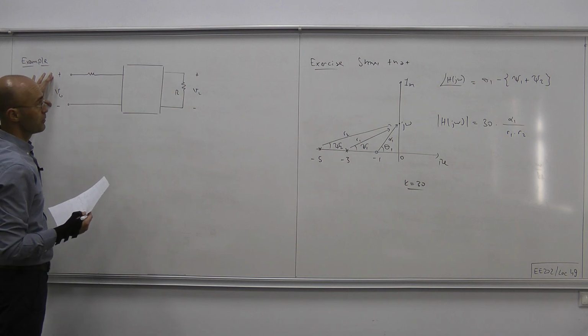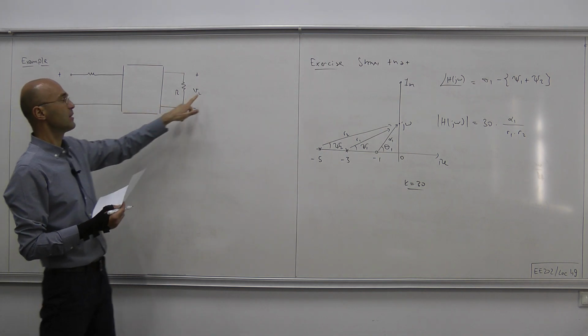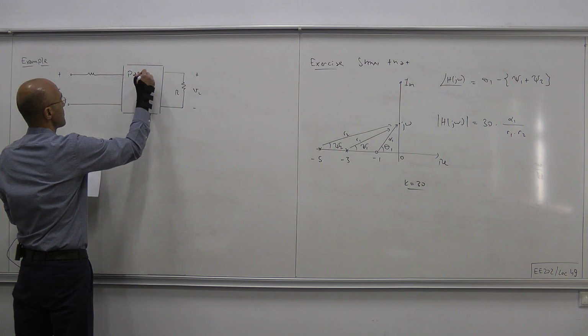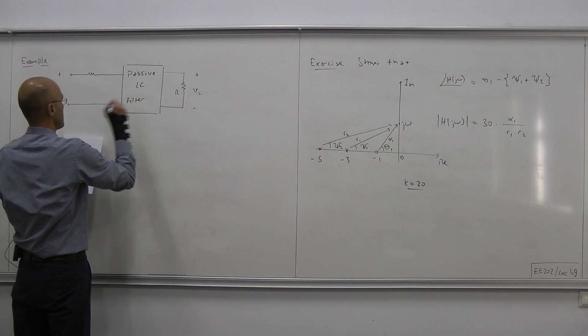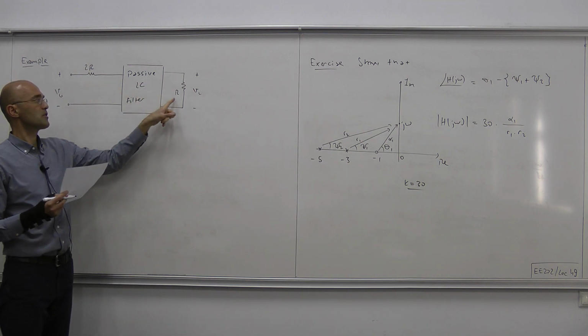This is where we apply the input, and this is where we collect the output, in a sense, generator side and load side. This is a passive LC filter. And here we have 2R, 2 times the resistance here.